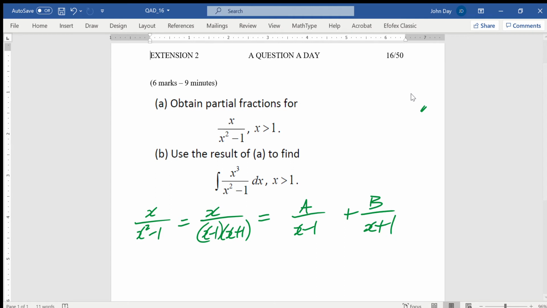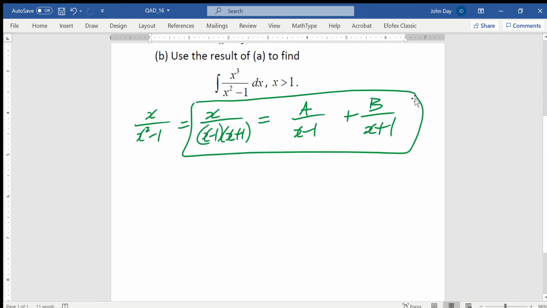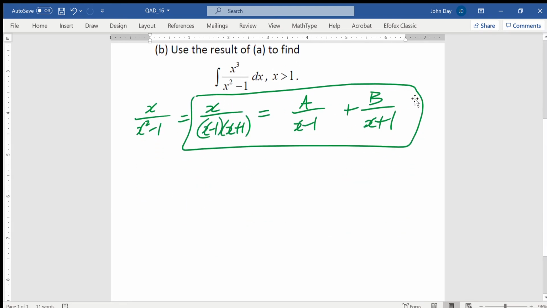So if I am looking at that, what I do is I times both sides by (x minus 1)(x plus 1), the denominator under here, and I'll get x equals a(x plus 1) plus b(x minus 1).